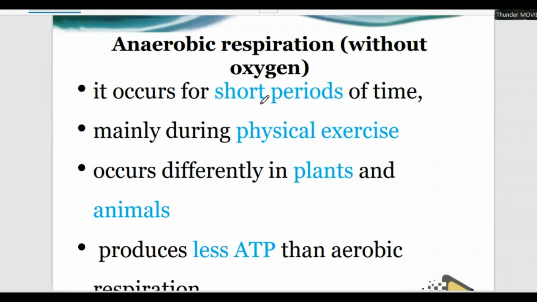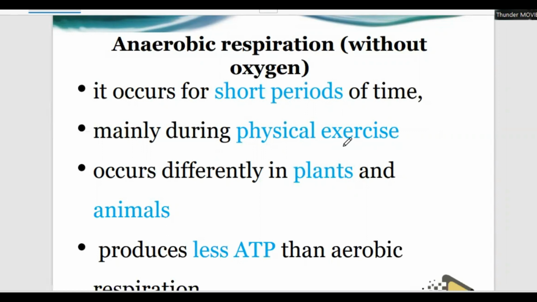It occurs for a short period of time and basically only in animals during emergency periods, mainly during physical exercise. For example, you are running, you get exhausted, and you open the mouth, but the oxygen cannot be enough because you are using it vigorously.